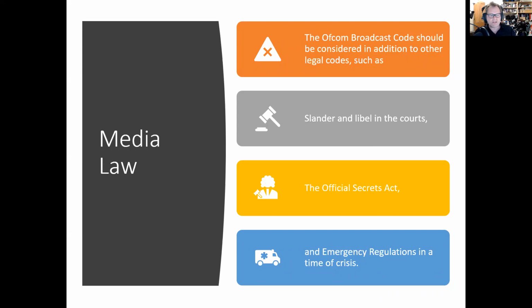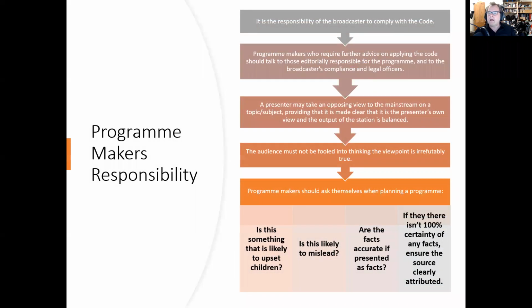The Official Secrets Act: what kind of information is permissible or not. And then, as I say, emergency regulations in a period of crisis, where we might be asked to vacate particular areas or not photograph in some areas during particular times, unless you've got specific press credentials and have arranged with the public authorities to be able to do that.